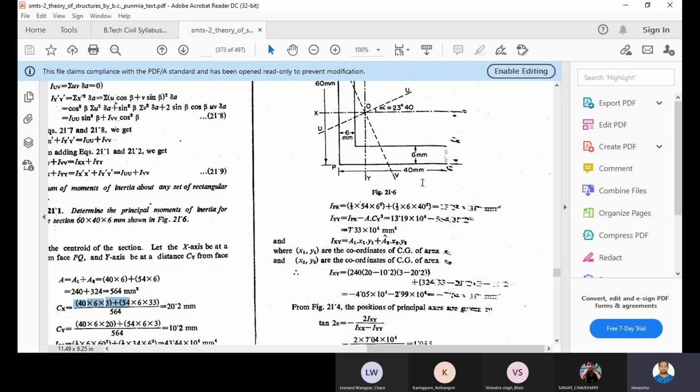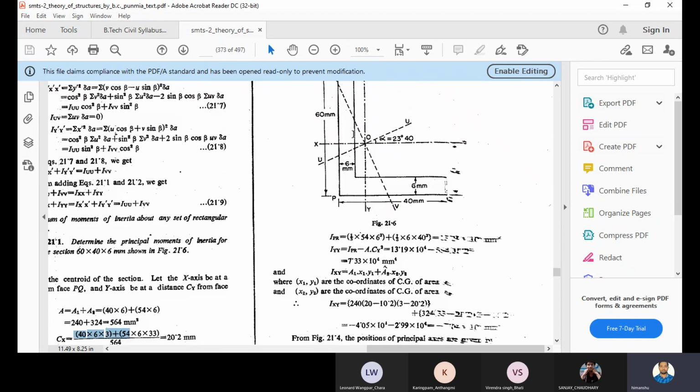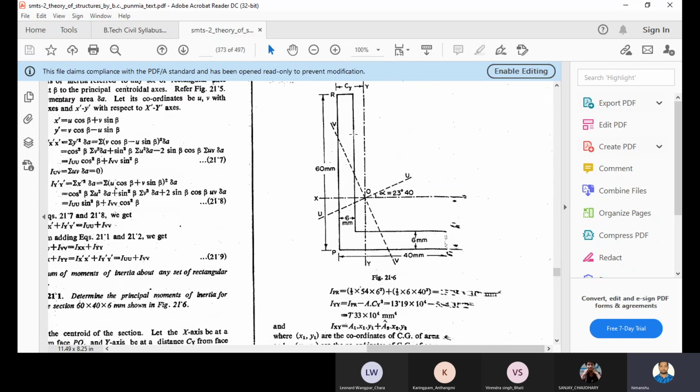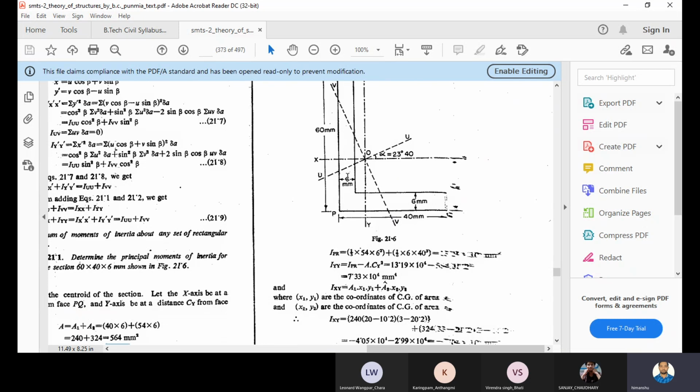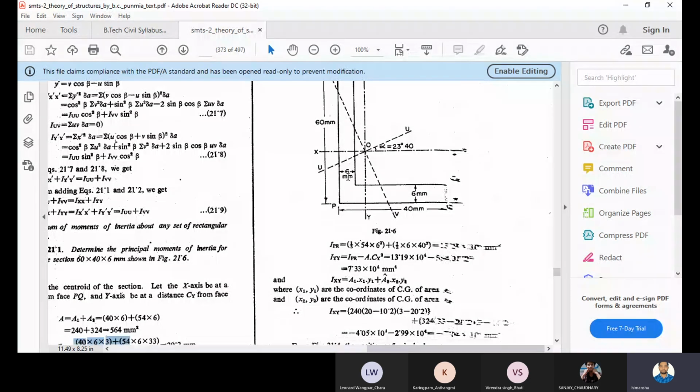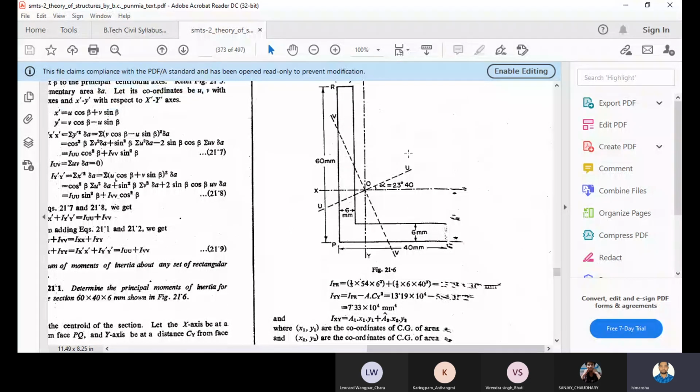So area is 40 into 6, and half of this is 3. Similarly, 54 into 6, and whatever remaining from this part is, 3, yes, not 3. This time it is 33.